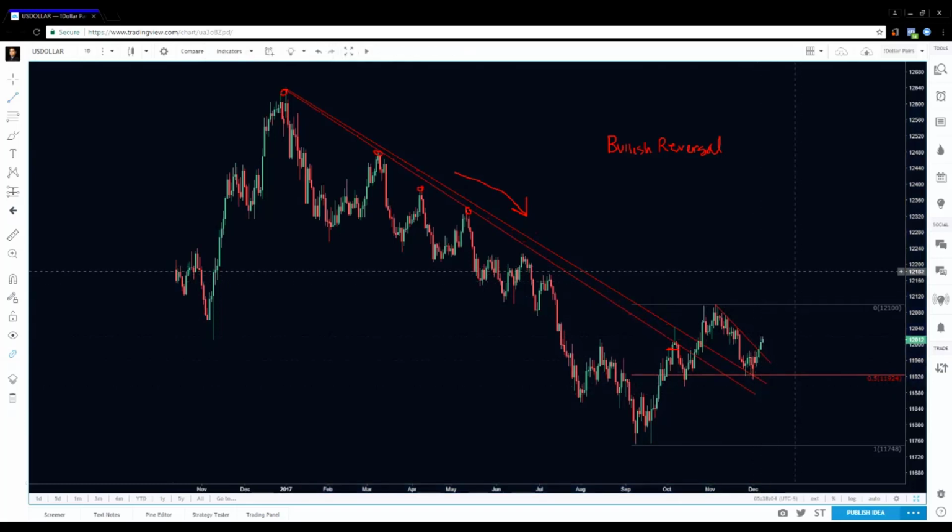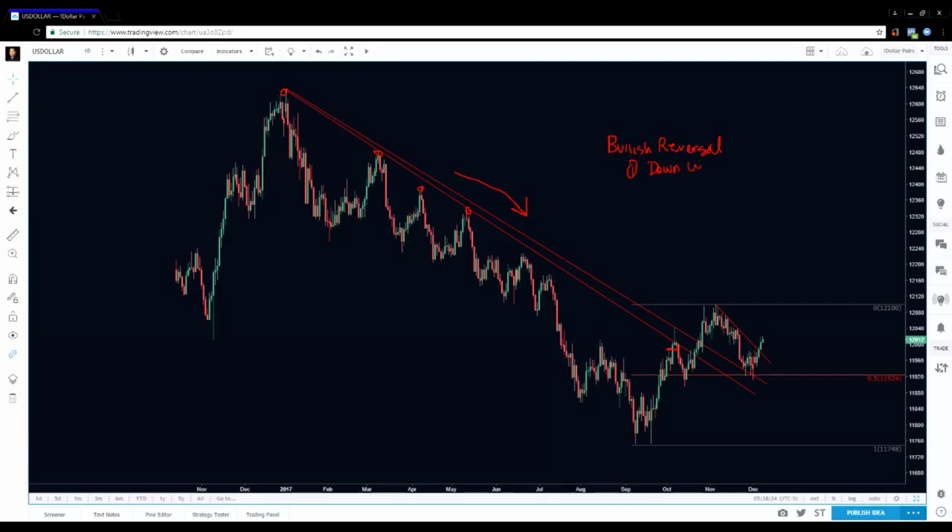The first thing I'm going to notice here is that this 11,760 was probably a level that I was very interested in. For various purposes, in terms of whatever I might have been measuring, it would have been a very important low for me to watch, and then the market rallied off of that. So the first thing you need in a bullish reversal is a downward trend.